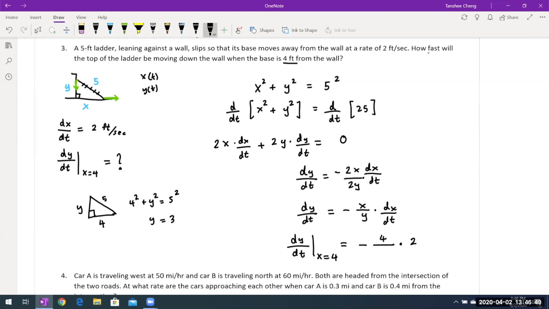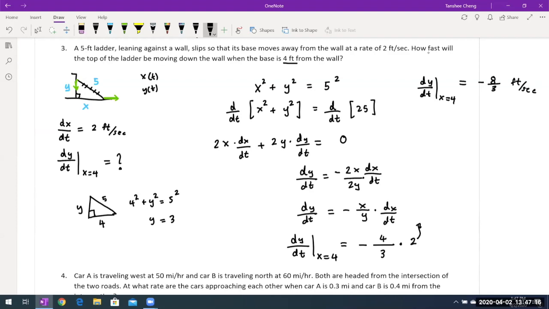Therefore my y is 3, so I can put it right here. If I simplify this, the derivative of y with respect to time when x is equal to 4 is negative 8 over 3 feet per second.